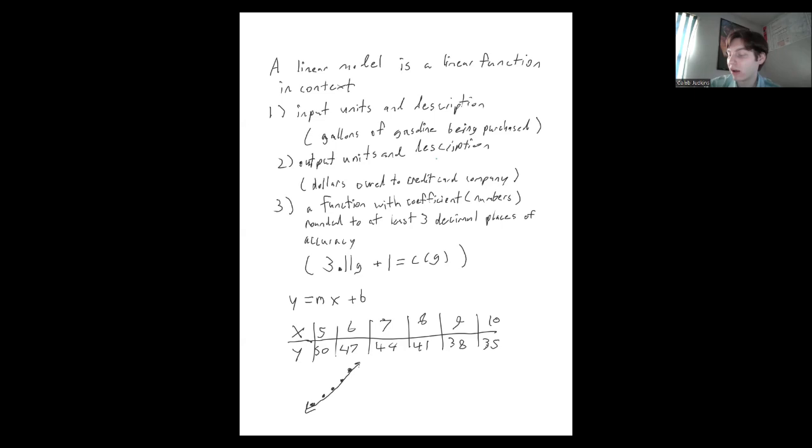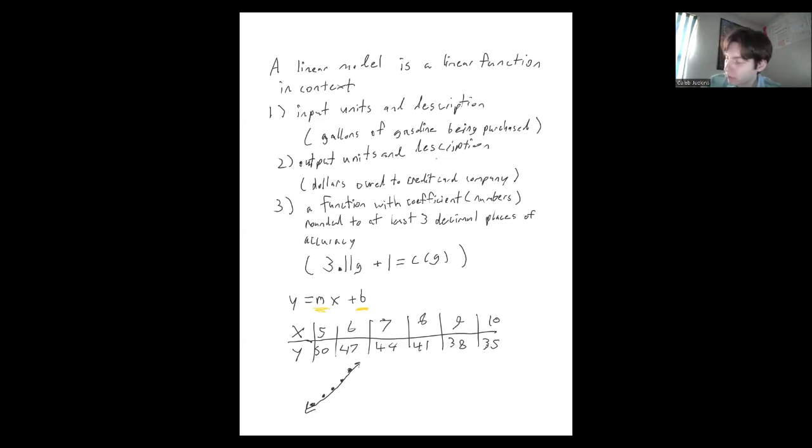Then you may automatically say, okay, well, if I have this equation y equals mx plus b, then the only things that I need to figure out are m, the slope, and b, which is the y-intercept.